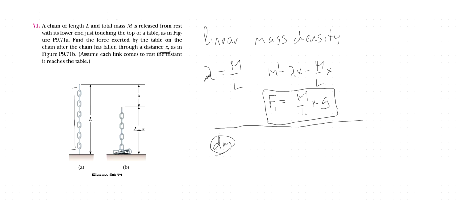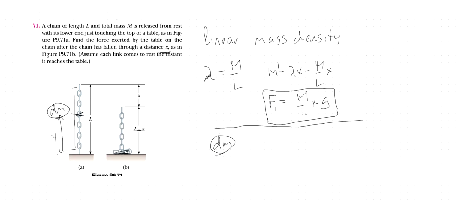So for example, at this particular height, which I might call y, actually it's L minus x, but whatever, there's a tiny mass dm, which is going to fall this height y before it hits the table.